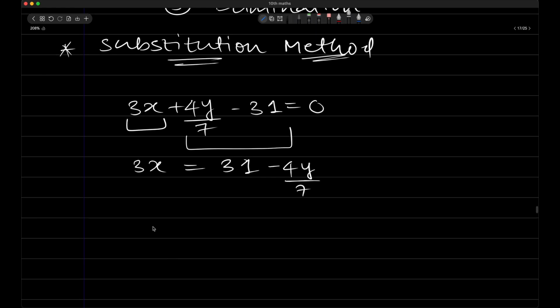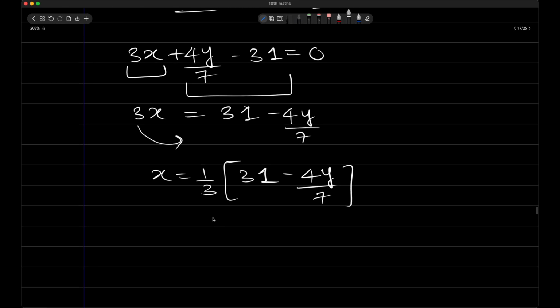Now we send 3 to the denominator, that is 1 by 3 in bracket 31 minus 4y upon 7. More simplified, we can write 31 upon 3 minus 4y upon 3 into 7, or 21.